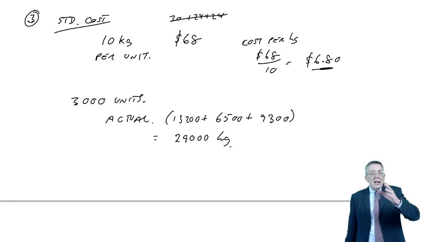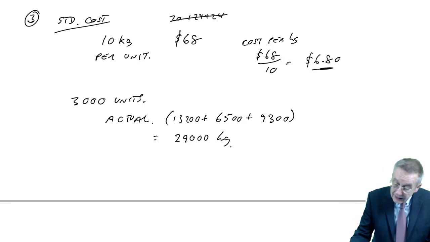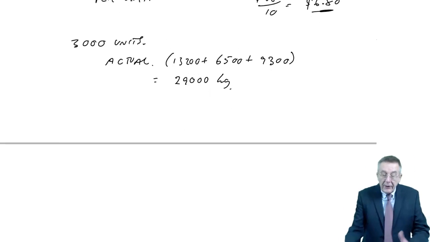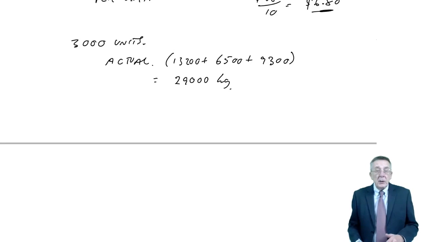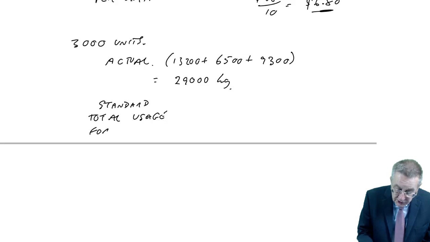Sorry, I beg your pardon. That's how many kilos we actually used. If everything had gone perfectly, how many kilos should we have used? The standard total usage for the actual production.